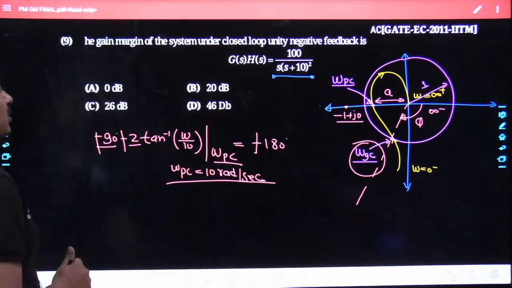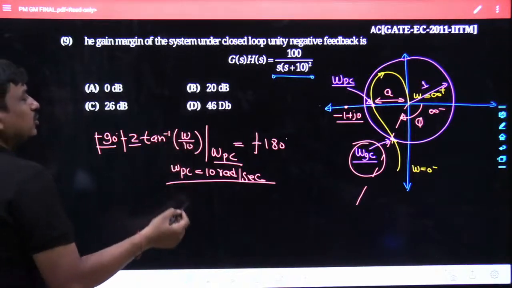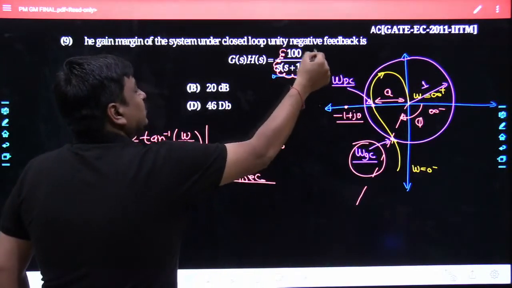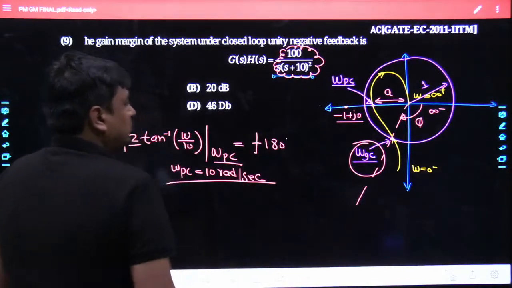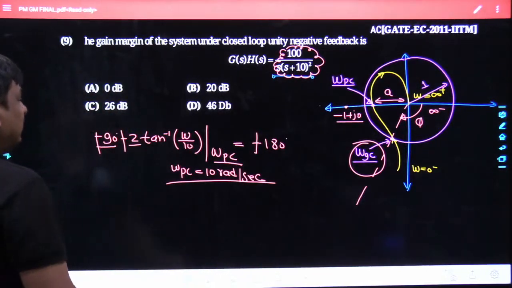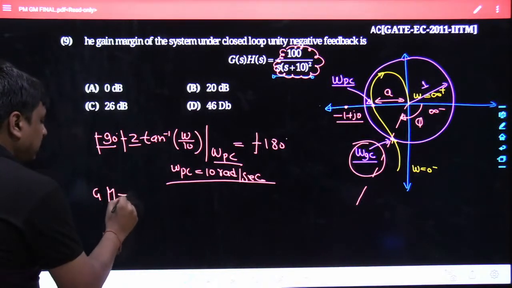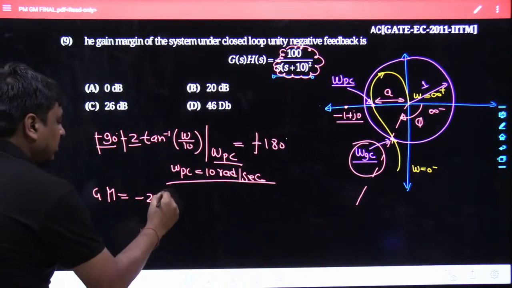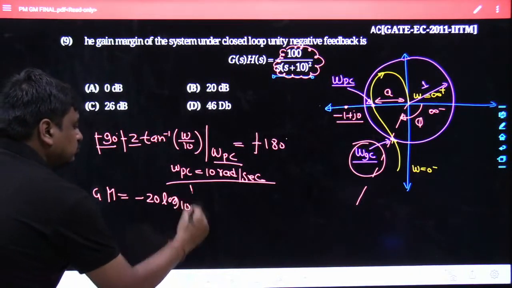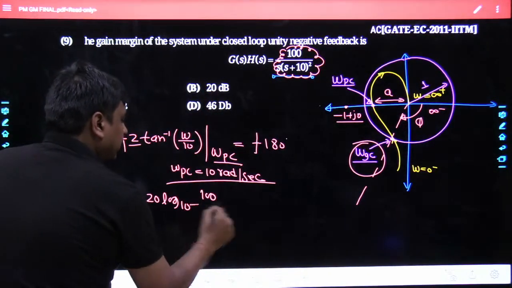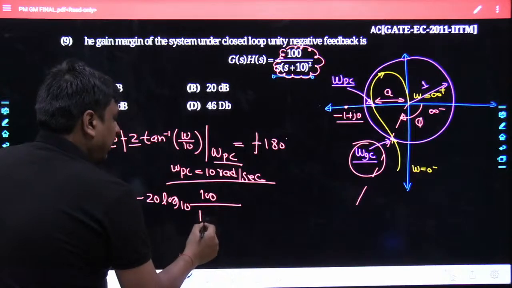And if we talk about the magnitude in dBs, what we are going to do is calculate the magnitude of this OLTF at omega is equal to 10, and we would multiply with the minus sign. So here the gain margin in dBs is going to be minus 20 log base 10 of the magnitude of this. The magnitude of 100 is simply 100 divided by s, which is 10.